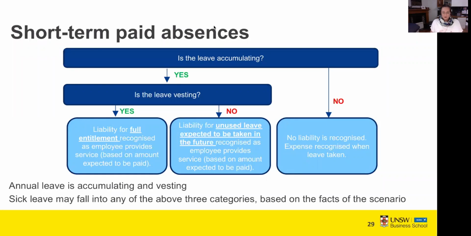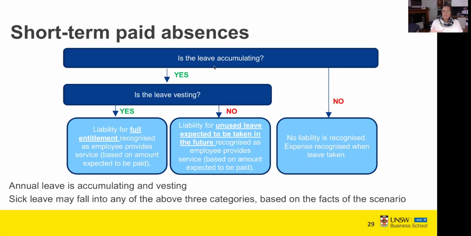So we have a combination of different characteristics that can apply to different types of leave. And the accounting treatment is going to be different depending on what the characteristics are. So in order to work out the accounting treatment, the first question we ask ourselves is: is the leave accumulating?